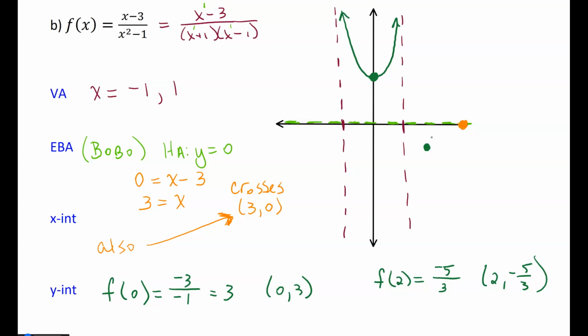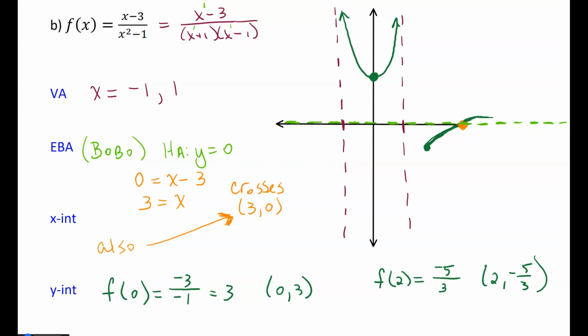So again, I know that my graph has to connect between here and here. We've already established that it crosses at this point. So usually what happens if it does cross, it tends to go up a little bit, but then it's going to bump right back down because remember, we've already sketched in this horizontal asymptote, which determines the end behavior.